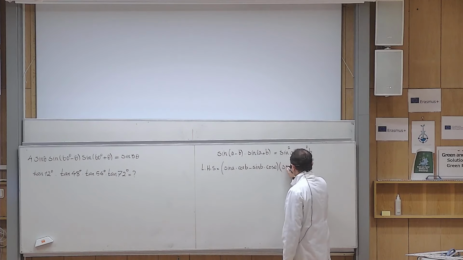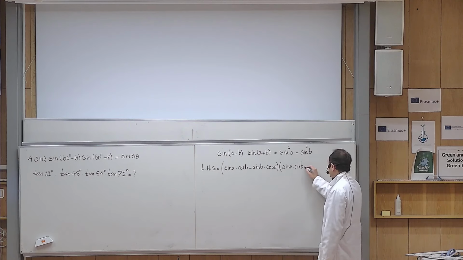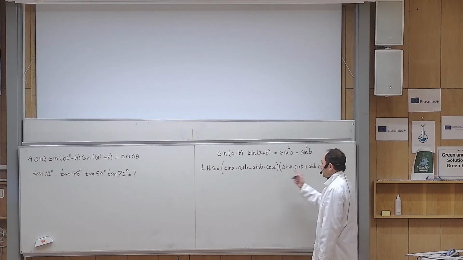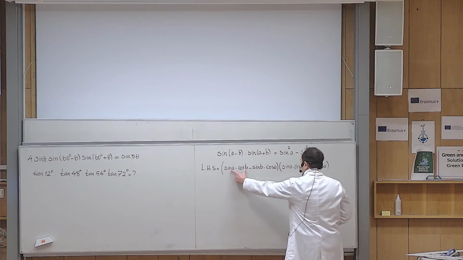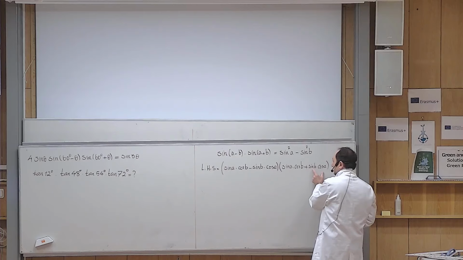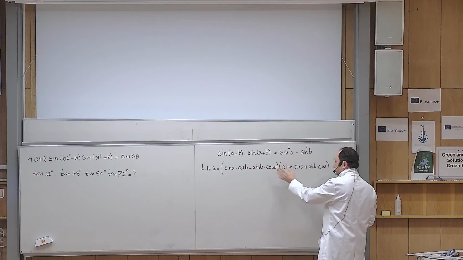So this becomes sine A cosine B plus sine B cosine A. If I multiply these two pairs of brackets, you see that this is the same number, once subtracted, once added.